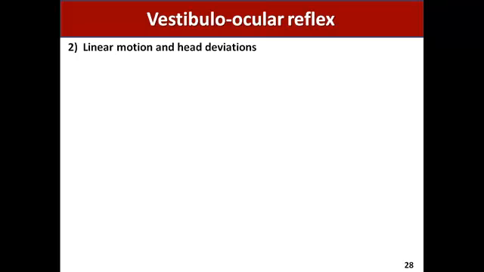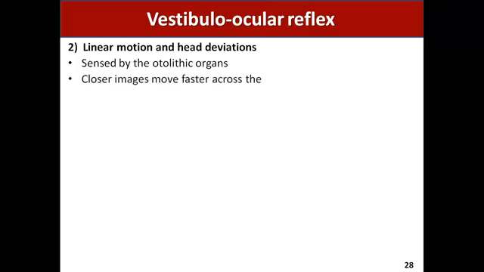Now, when we talk about linear motion and head deviations, these are primarily sensed by the otolithic organs, and this is responsible for allowing us to compensate for the distance that objects are from us.